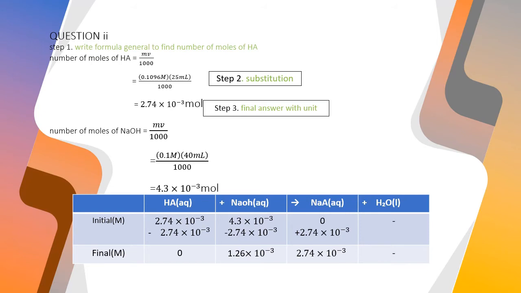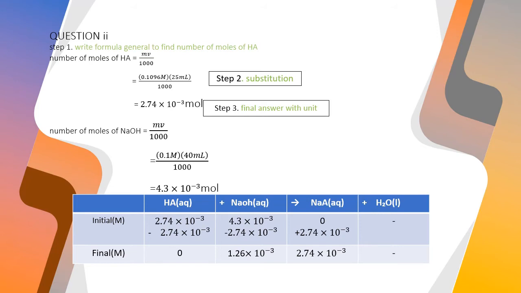So in order to find the moles of HA and NaOH, choose the same formula for both of these, which is MV over 1000. For number of moles of HA, substitute the molarity times the volume over 1000, then simplify, and write down your final answer with the correct unit.